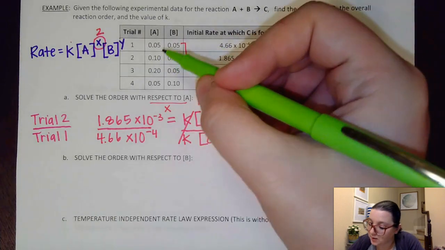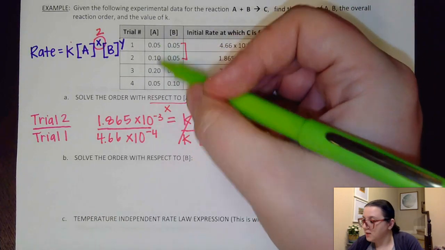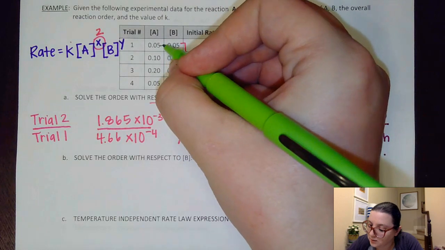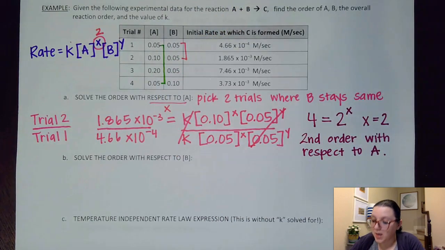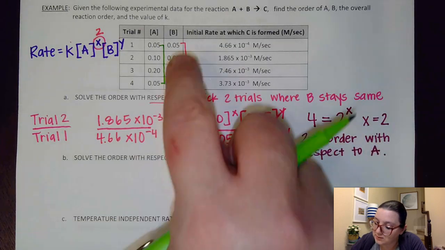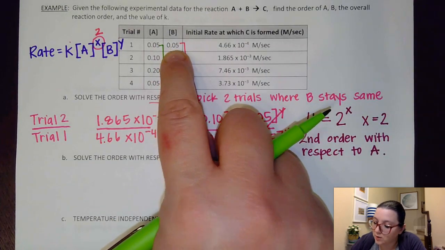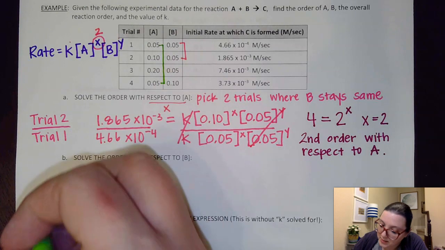So I look here and the only 2 I see would be 1 and 4. And again, I'm going to put the bigger trial on top. If I look at my numbers here, I see trial 4 has bigger numbers. You can see if you compare the 0.05 to the 0.10, that's pretty clear.